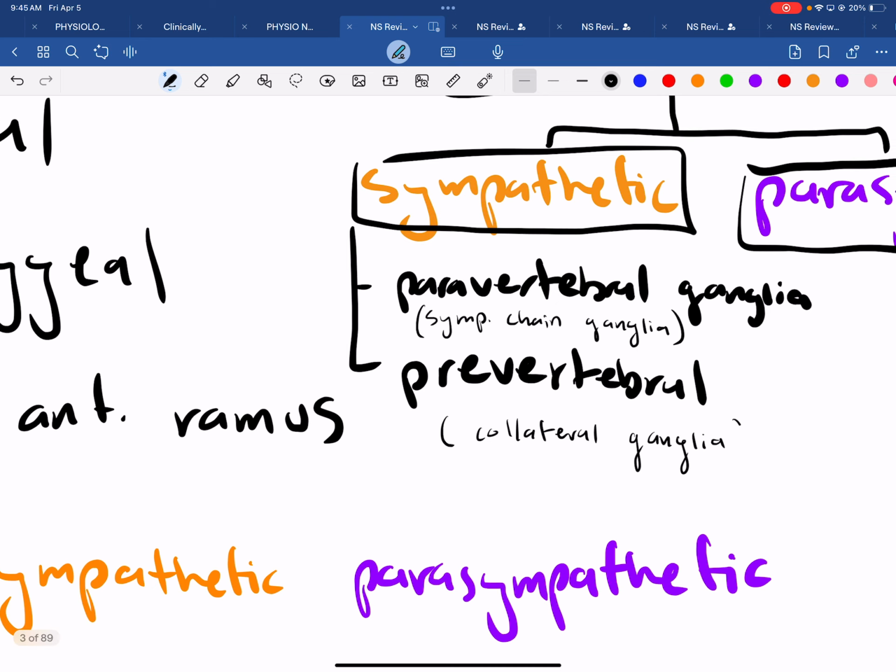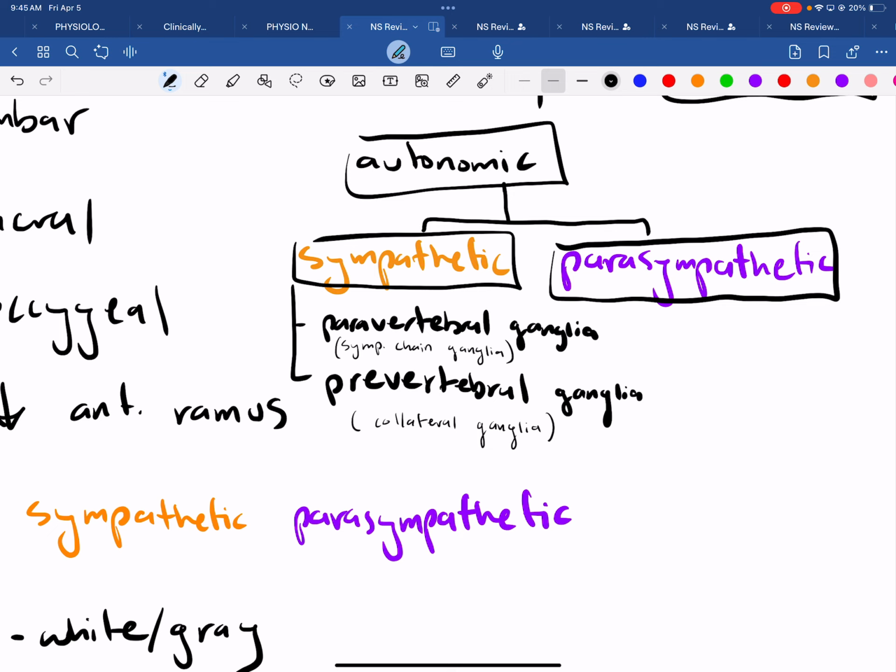So some of your instructors might use those terms. And then the parasympathetic nervous system has two types of ganglia. They're called terminal and intramural.